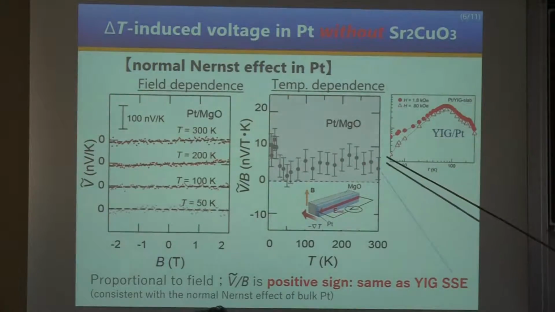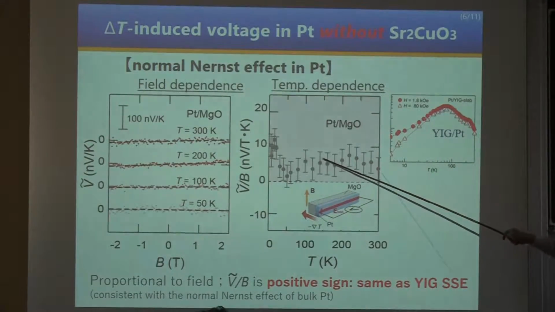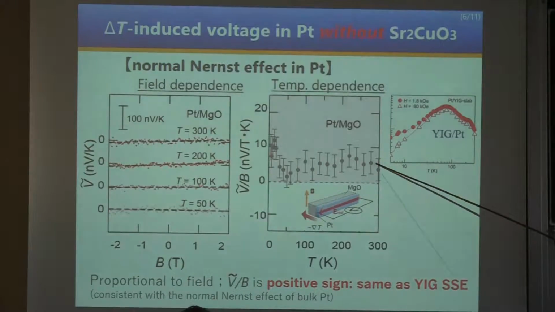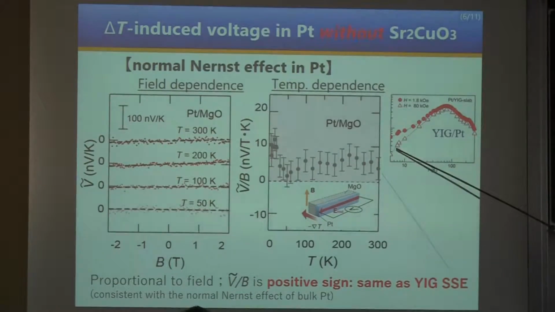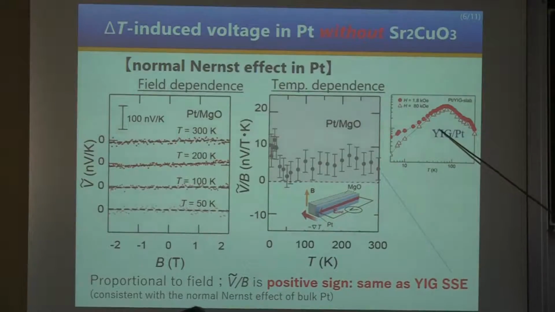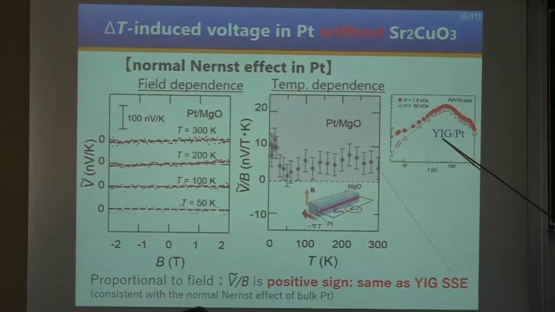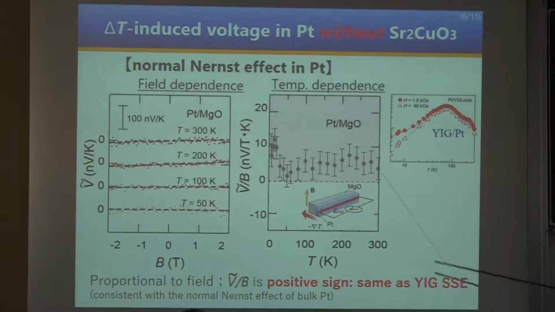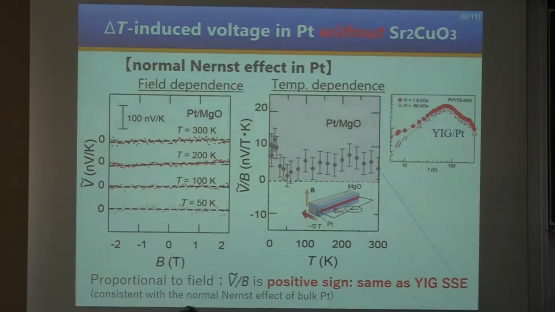We can see that the sign of the Nernst effect is positive, which is the same sign as the spin Seebeck effect from YIG. So this is a well-known fact. So the ordinary Nernst effect of this platinum is the same as the YIG system.